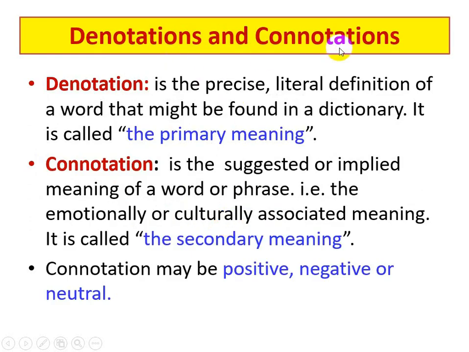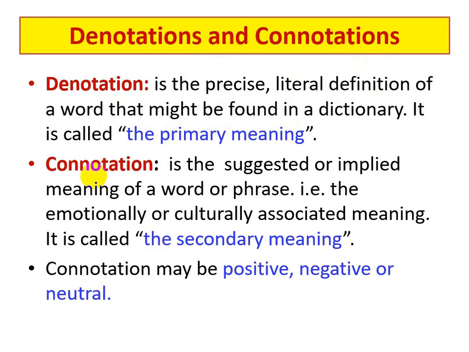Denotation, from the verb denote, is the precise literal definition of a word or a phrase that might be found in a dictionary, and it is called the primary meaning.